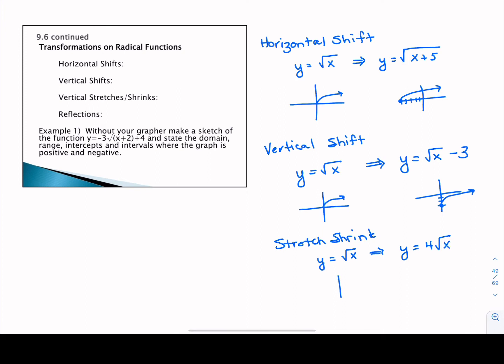It's not going to relocate your graph, it's just going to make it rise 4 times faster. So if we compared those two graphs, you would noticeably see a more rapid increase with this function. So again, that would constitute a vertical stretch. If we had a vertical shrink, then that value of 4 would be something between 0 and 1. So we know that if you have a fraction value that's between 0 and 1, you're going to have a shrink instead. So it will rise at a much slower rate.